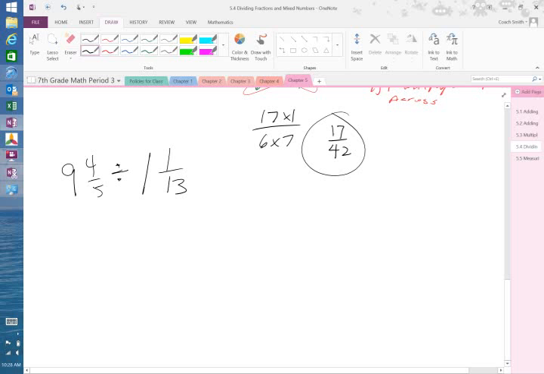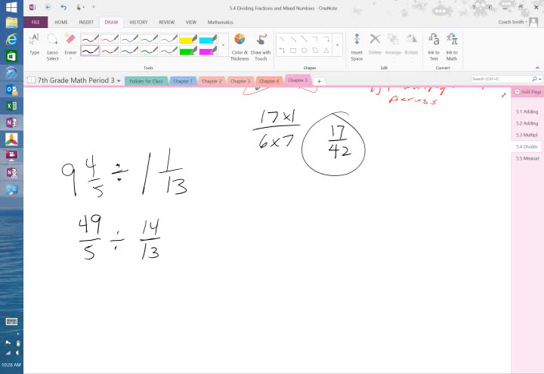All right. If you're working on it, keep working on it. First thing is to change them to improper fractions, and that's going to give me 49 over 5 divided by 14 over 13. Where we got 49, we went 9 times 5, which is 45, and then we add 4 to it.